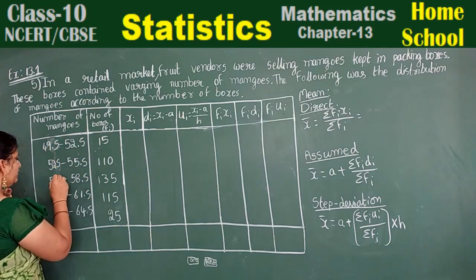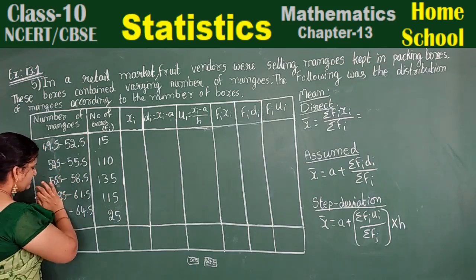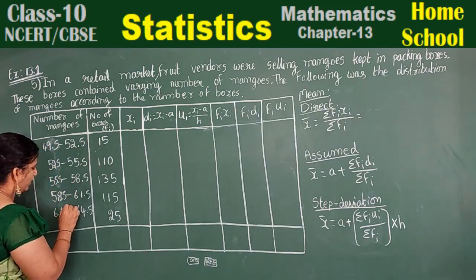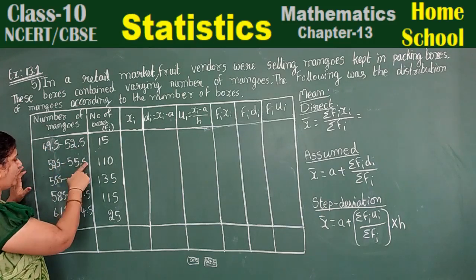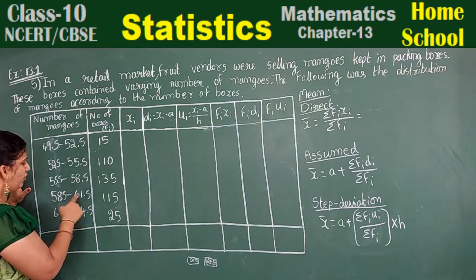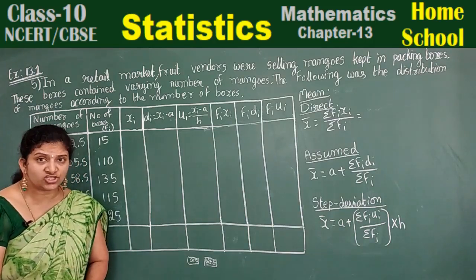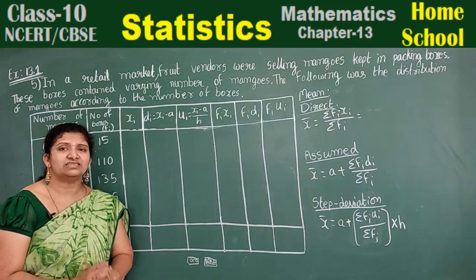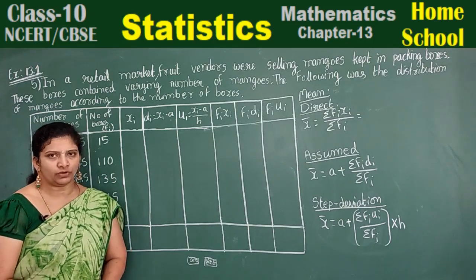And here 55.5, 58.5, 61.5. Now see the combination: 52.5, 55.5, 58.5, 61.5. First, change the class interval. The class interval should be continuous. Then start doing your problem.